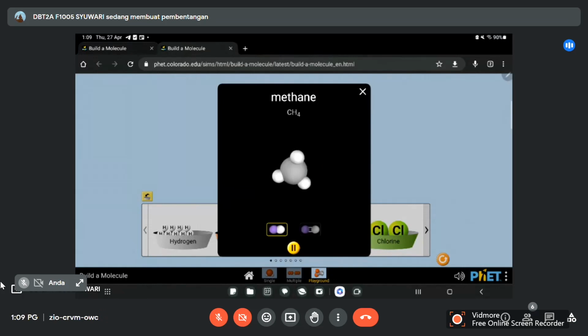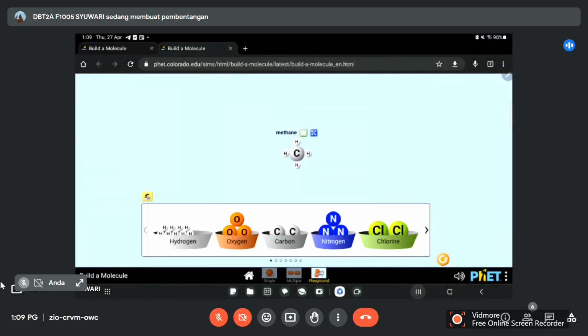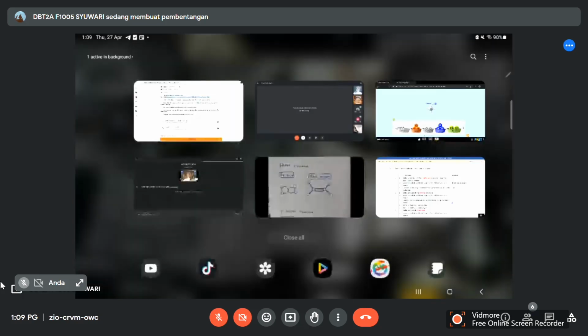This is the structure of methane in 3D ball, and this is the structure of methane in stick model. So we settled to observe it, and we drew the structure.